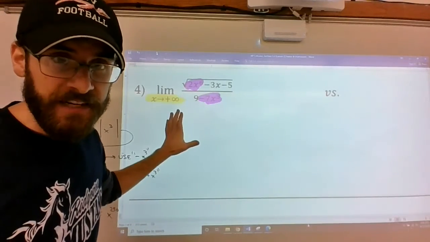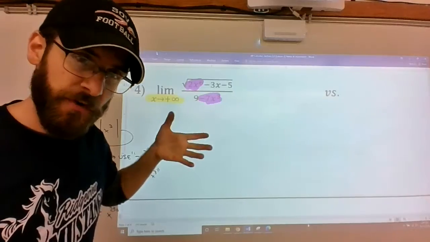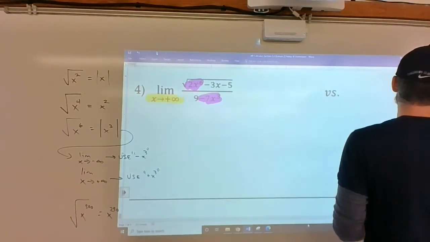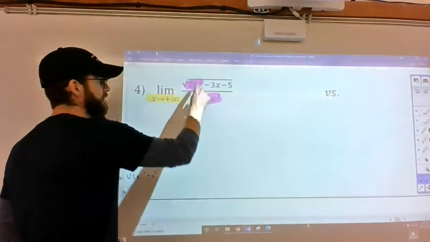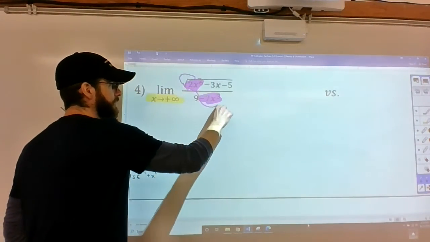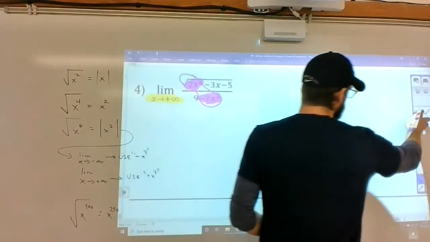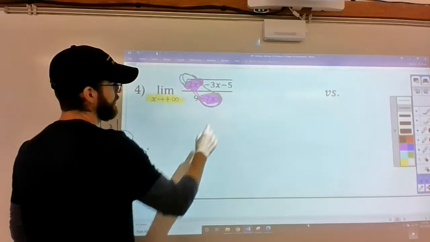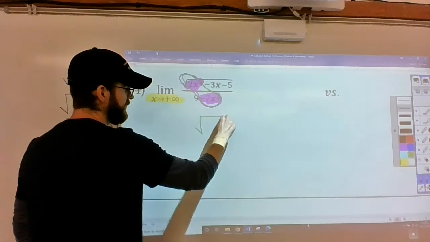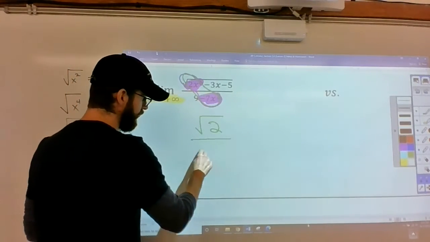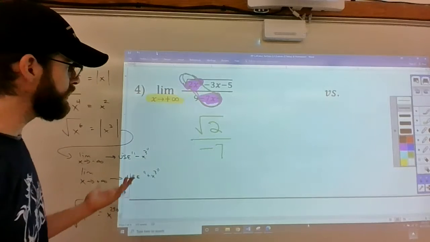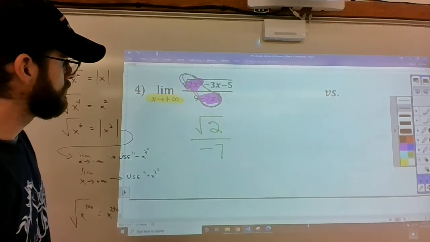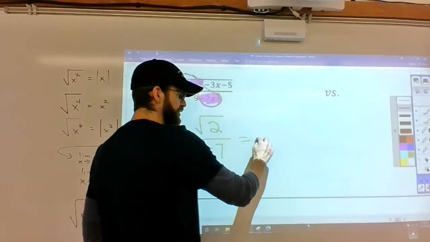So it leaves negative 7x cubed unchanged as far as its sign. It's still negative. So this right here, come on now, different color. Root 2 over negative 7 is what you would use for number 4. Which is, you really should write it like this.